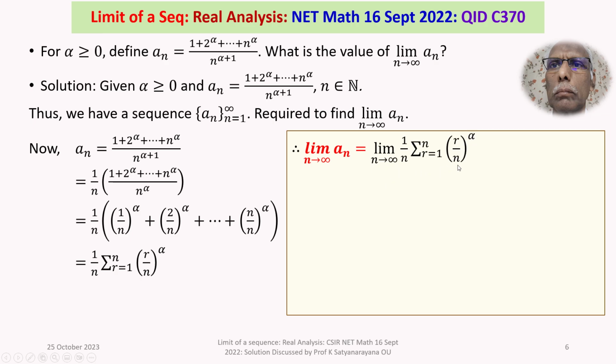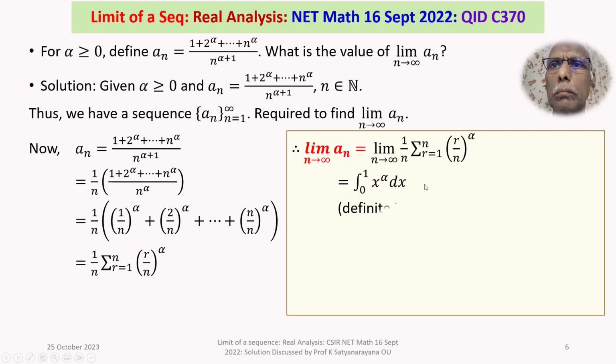Once we see this, this is the limit of a sum, with n tending to infinity. We remember the definite integral as the limit of a sum. So this is equal to the integral from 0 to 1 of x power alpha dx.